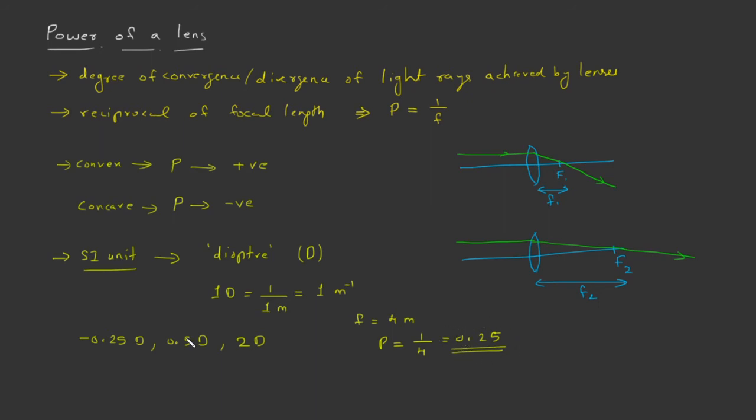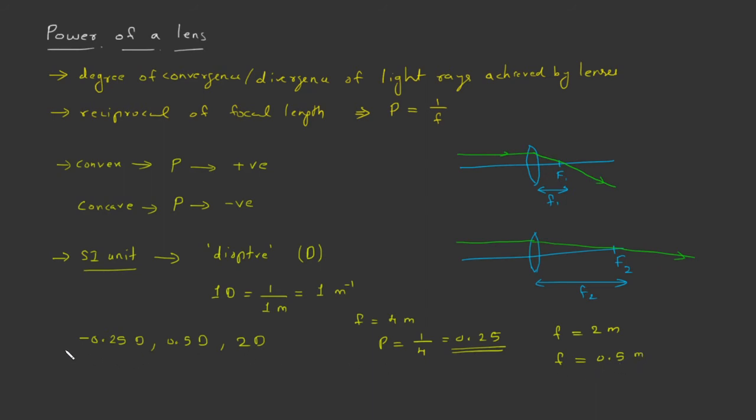Now 0.5 diopter can be obtained if focal length is 2 meter, and for 2 diopter the focal length of lens is 0.5 meter.